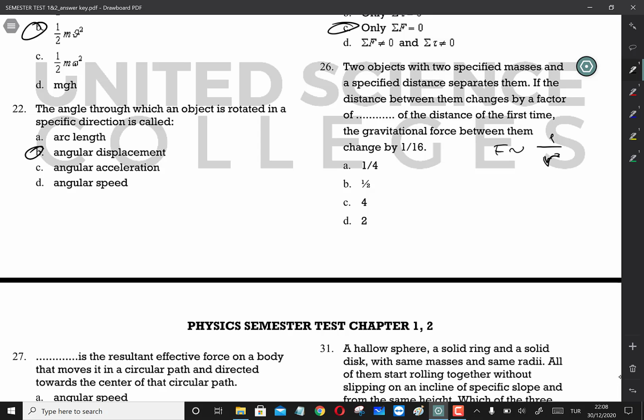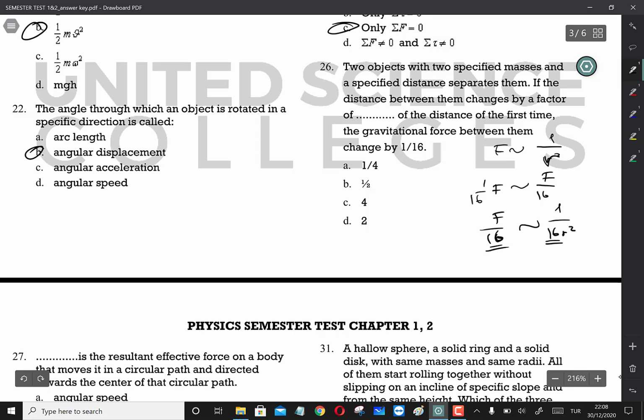In the second case it must change by 1/16, which means we multiply F by 1/16, so F/16. To make it F/16, the right side also must change by 1/16 of r squared. So if the left side decreases by a factor of 16, the right side also must decrease by a factor of 16.